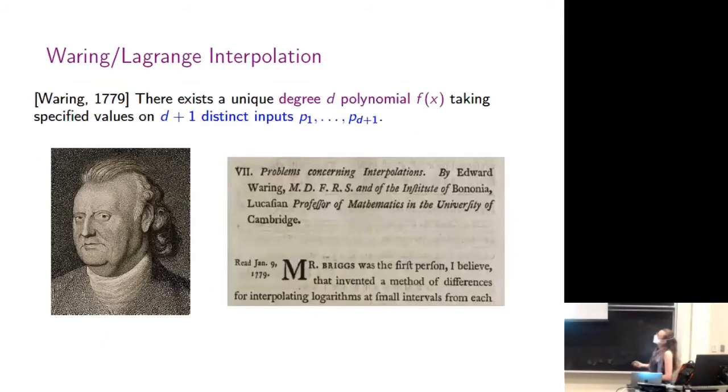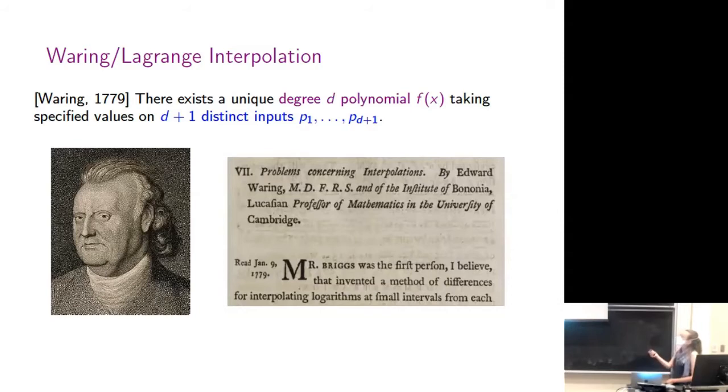Okay, so that's the Waring-Lagrange interpolation theorem, which appears in this 1779 paper of Waring. Here's a picture of Waring, and you can see him sporting the coolest hairdo in the room. So there exists a degree d polynomial f of x taking specified values on d plus 1 distinct inputs, p1 through p_{d+1}.